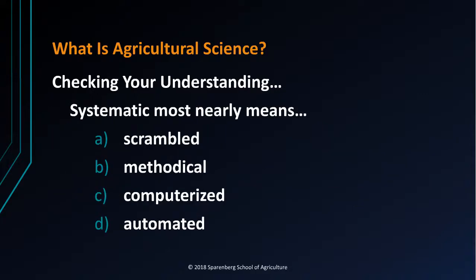Multiple choice question. Systematic most nearly means A, scrambled, B, methodical, C, computerized, or D, automated. The correct answer is B, methodical.